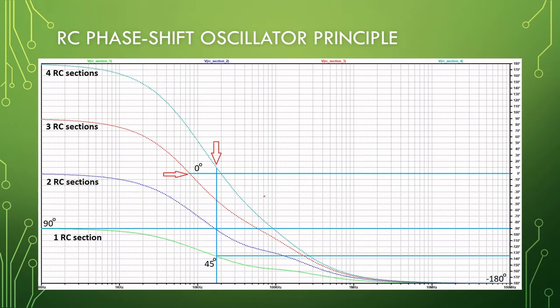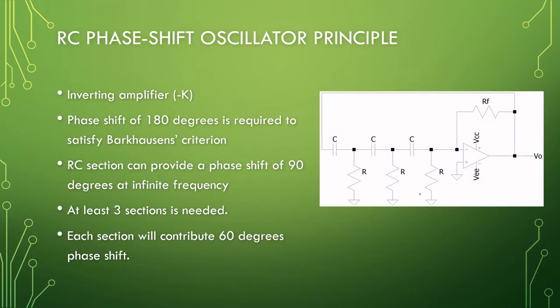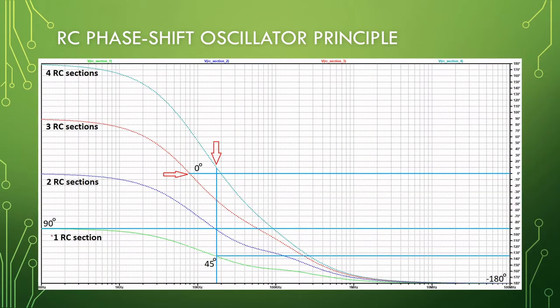Okay, so to visualize this, I plotted the phase shift of 1 to 4 RC sections connected in series like we have here. For 1 we have a 90-degree shift, from 0 to 100 megahertz, and this is not even at the 90 yet.